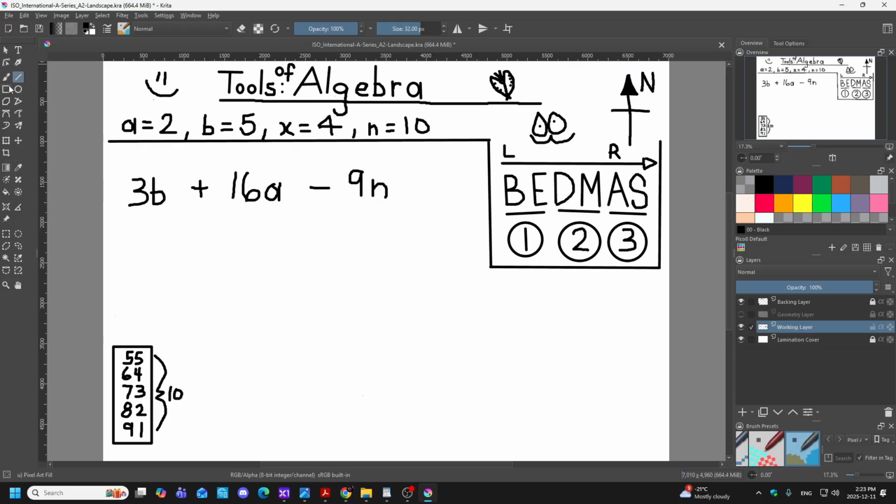Let's substitute. I'm going to use a rounded bracket. B. B is 5. Close bracket. Plus. Follow the pattern. 16. A. A is 2.